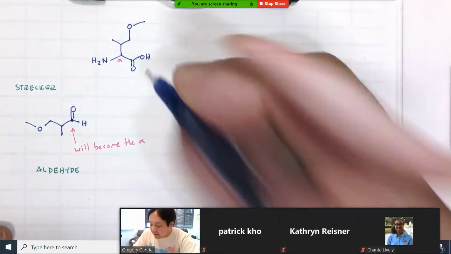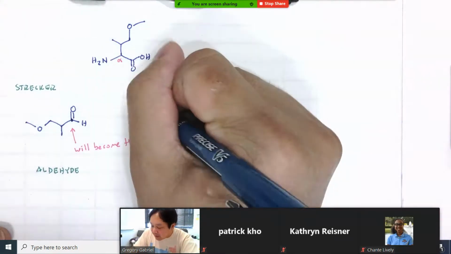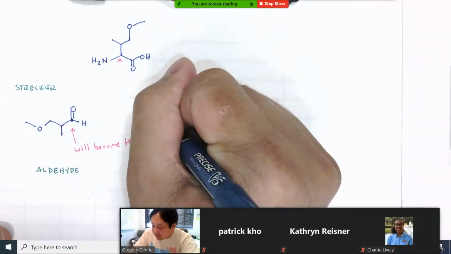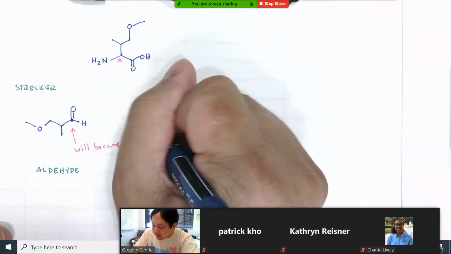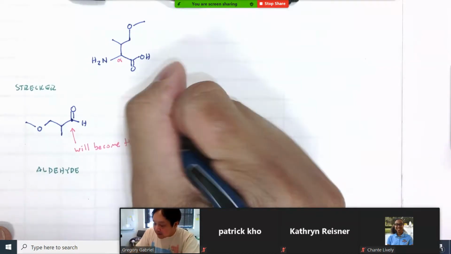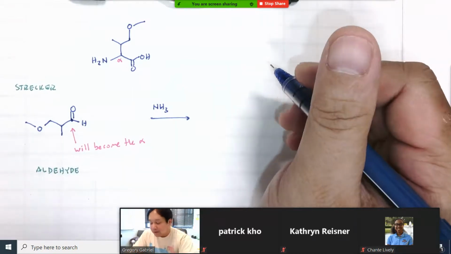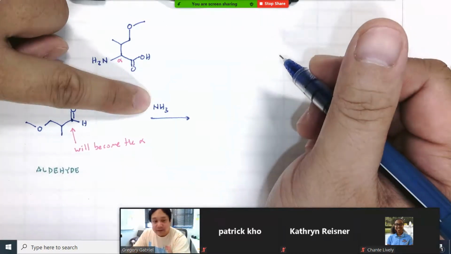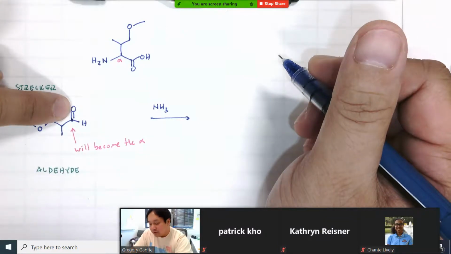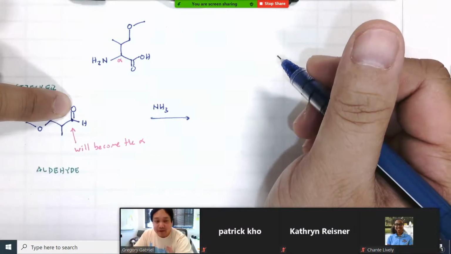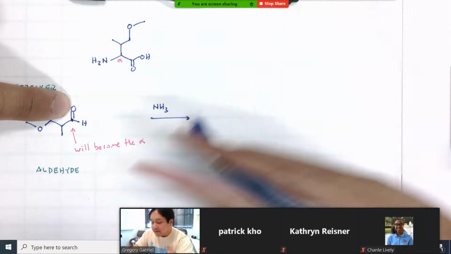What are you doing in the Strecker? In the Strecker, you are making the imine. This is interesting. So what are the reagents? On face value, if I have only this, wouldn't you expect a nitrogen imine right here, a nitrogen hydrogen carbon double bond? So where's this carbon coming from?